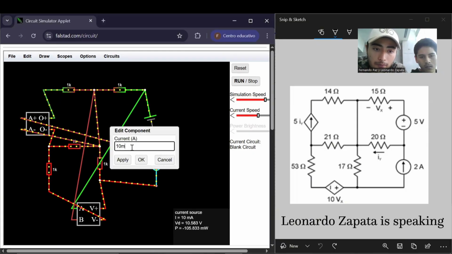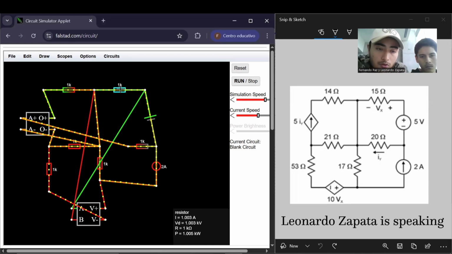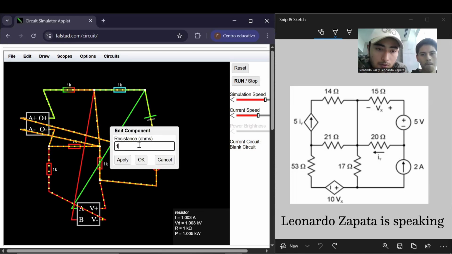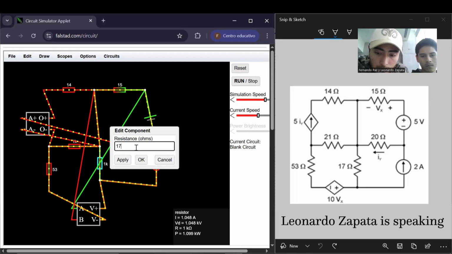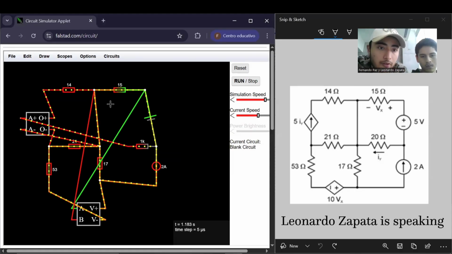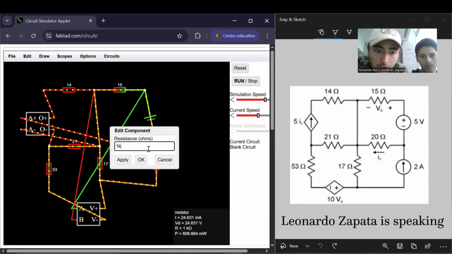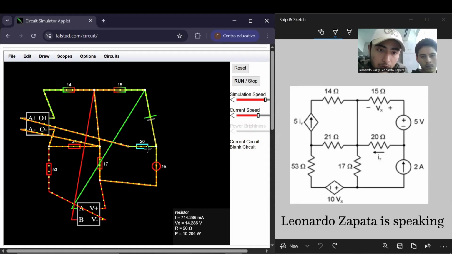Now I'm going to change all the values, so it's going to be equivalent to the data the problem gave us. Here it's 53, 17, 21, and I also need to change this, and I need to input the equation.